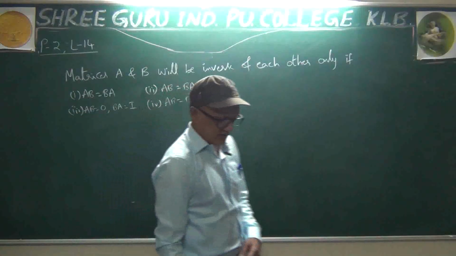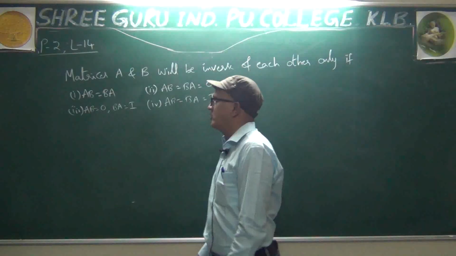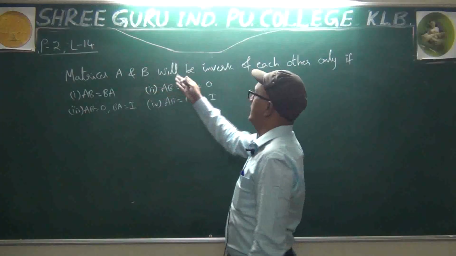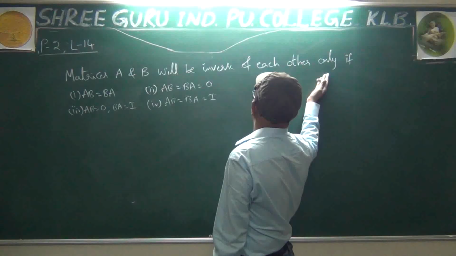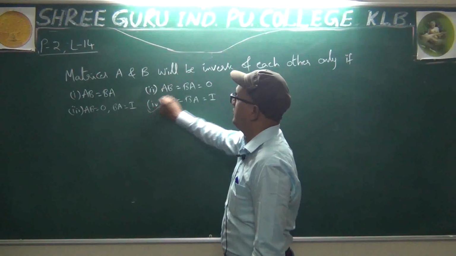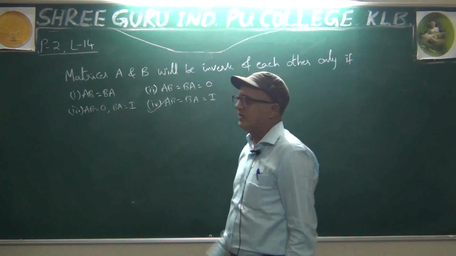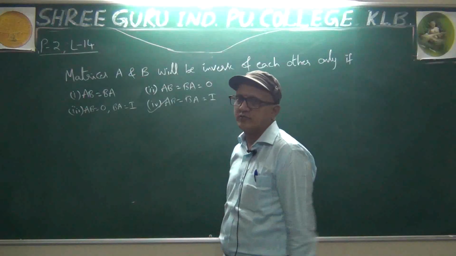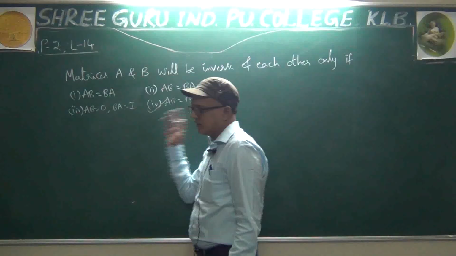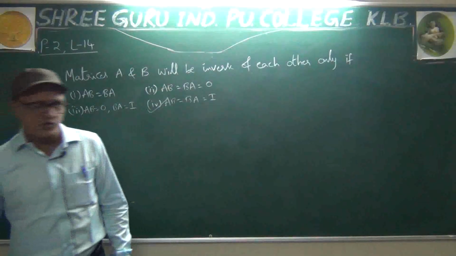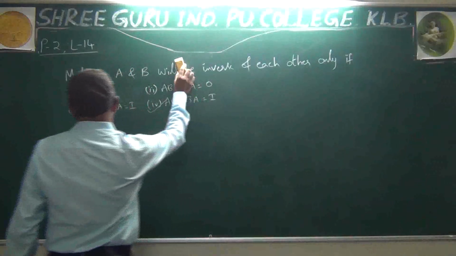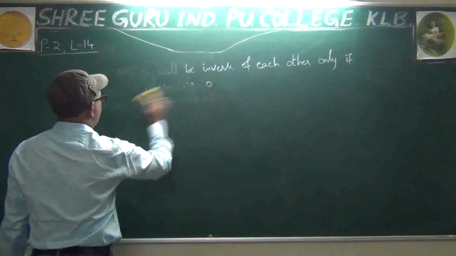I told you in class 11 or 12 that matrices A and B will be inverse of each other if and only if AB equal to BA equal to I. We discussed this; it is a direct question, nothing to solve. That is the inverse matrix definition.